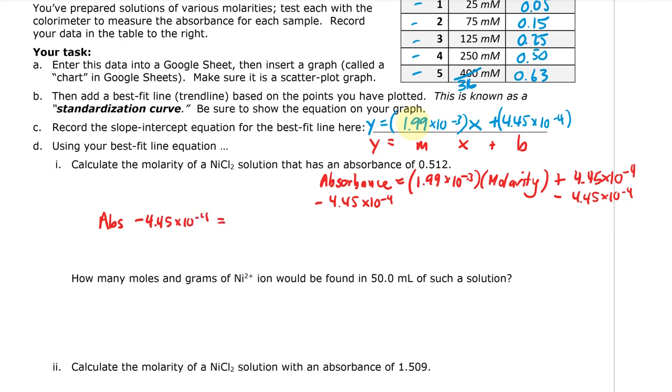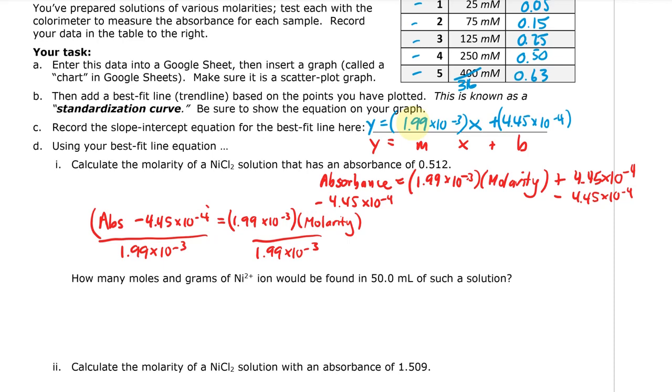And on the right side of the equation, I would have 1.99 times 10 to the negative 3 times the molarity, or concentration would be another word for that. Finally, to get the molarity by itself, I want to divide both sides by 1.99 times 10 to the negative 3. Again, I don't mean to insult your intelligence, so this is something you could do in your sleep. This will cancel out, and that would leave me with molarity on the right side.